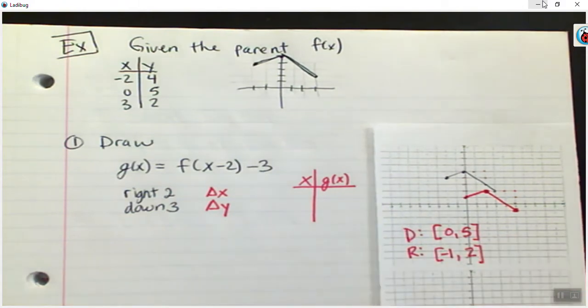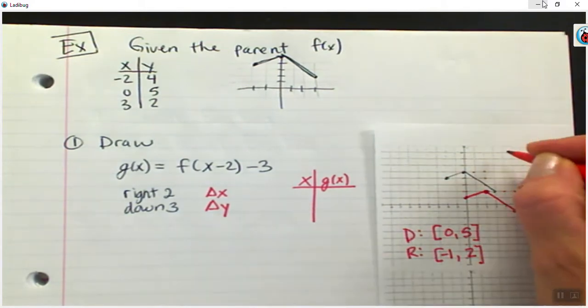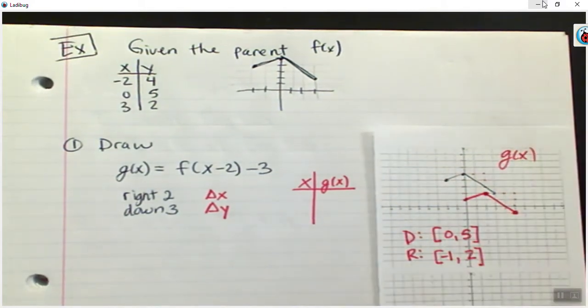Notice that that's a continuous graph. I did it in red because it's matching the red graph. And I might as well label in red, right? G of x is the one that's in red here. You can highlight them if you want to differentiate.